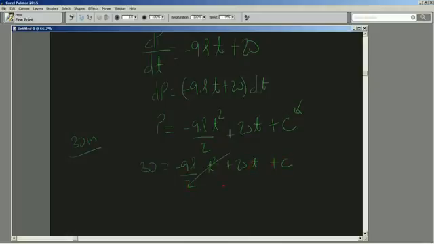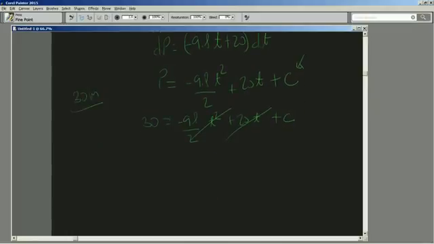Well, this is 0 because we're multiplying t at t equals 0. C is equal to 30, so we can write p is equal to negative 9.8 over 2 t squared plus 20t plus 30.